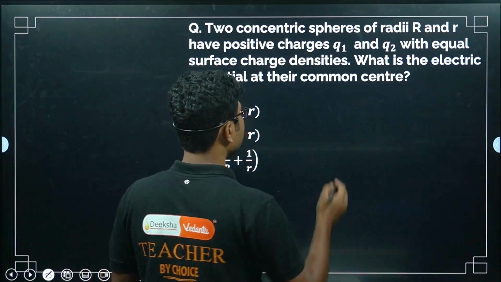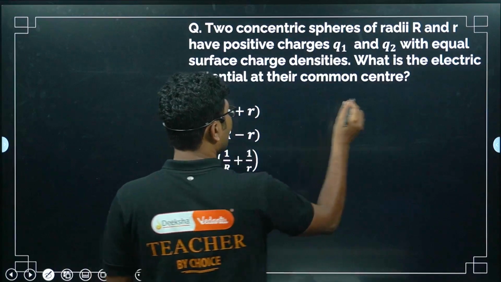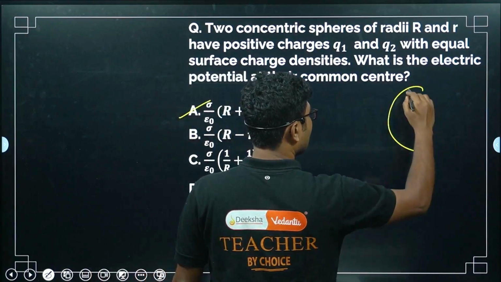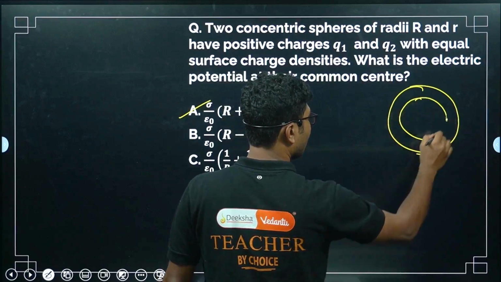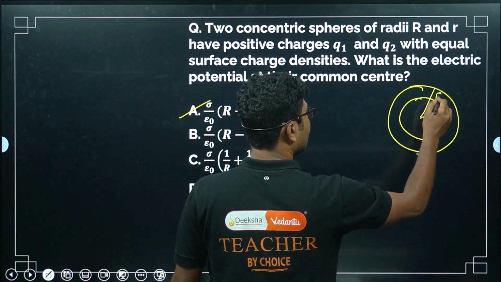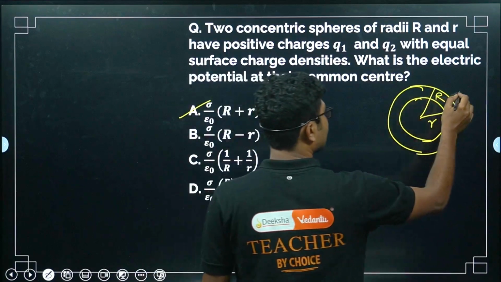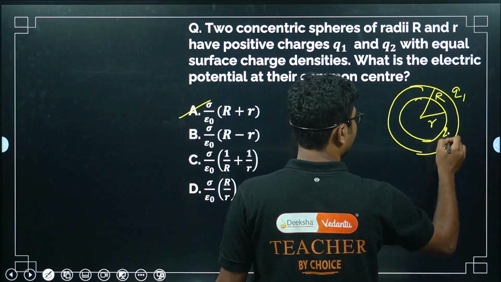So two spheres having the same surface charge densities. One of them has a smaller radius, small r, and the other has capital R. Now this one has a charge Q1, and this one has a charge Q2.